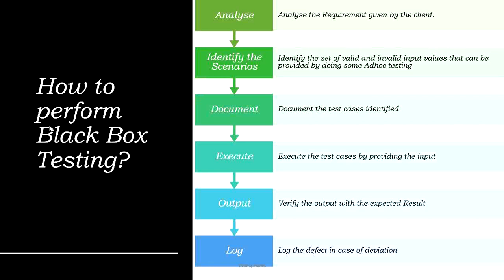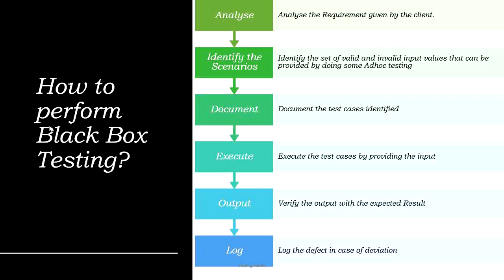Okay, next step is to execute. So whatever test cases you have written, you have already written the test cases and you are ready for the next step. You will start the execution only when the developer deploys the code. Once you have the code in hand for that particular requirement, you will start executing the test cases which you have already identified.